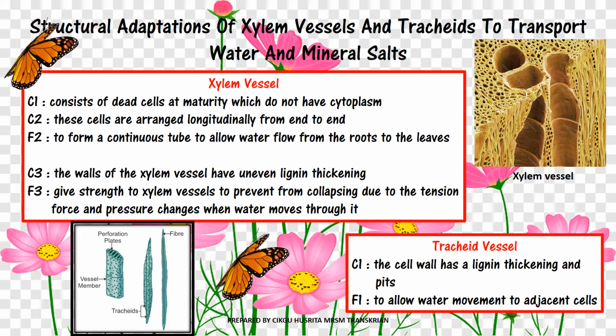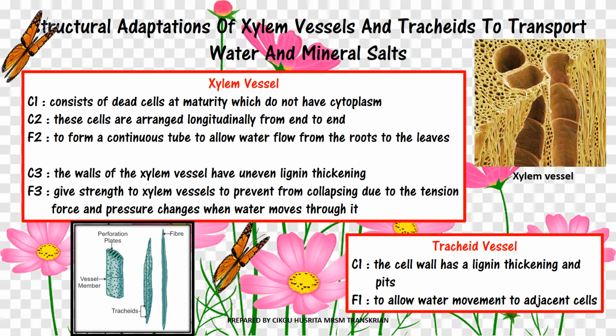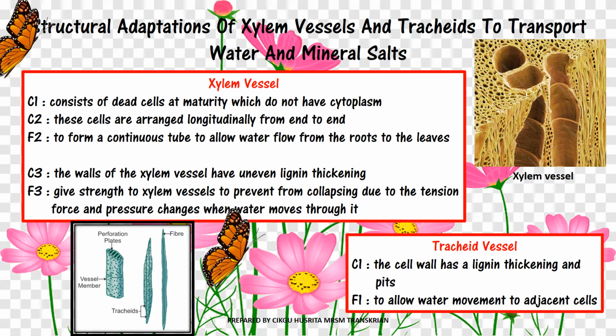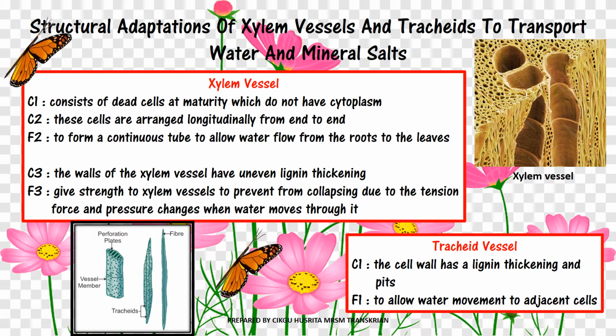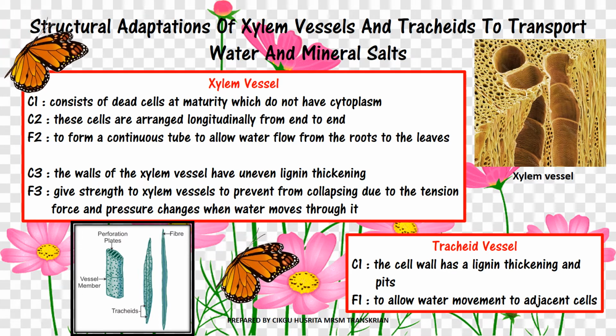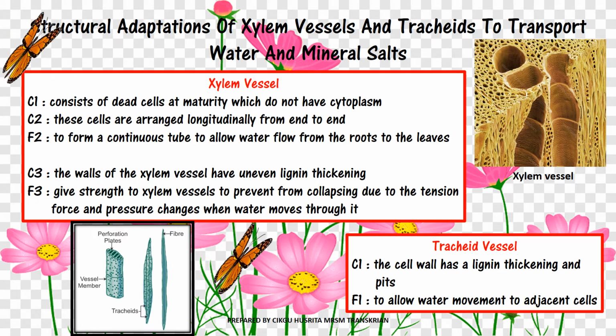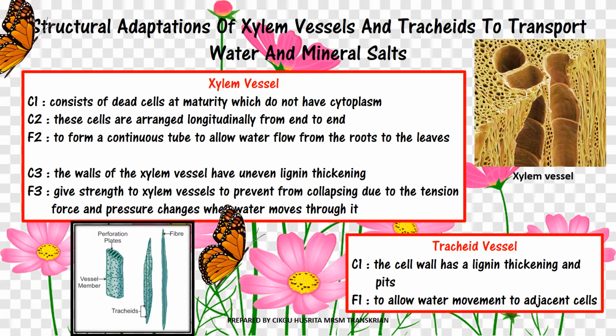Other than that, xylem also has a tracheid vessel. This is the picture of tracheid, and this is the picture of xylem vessel. The tracheid has a cell wall which is lignin thickening and pit. It has pits, small pores, and has lignin.